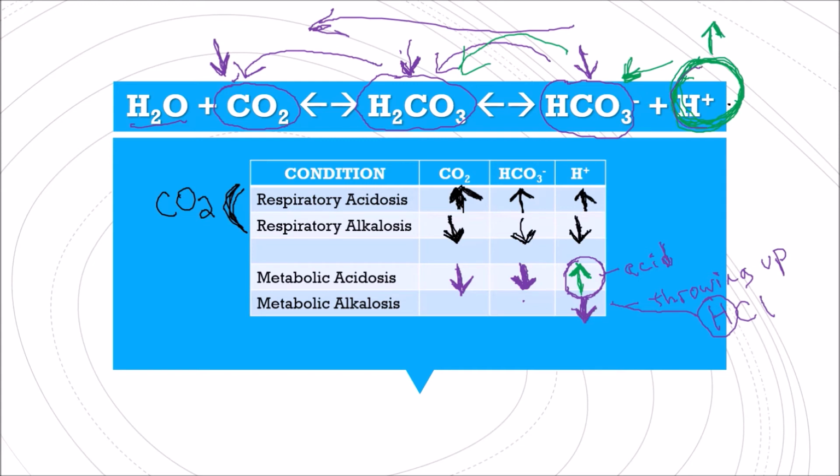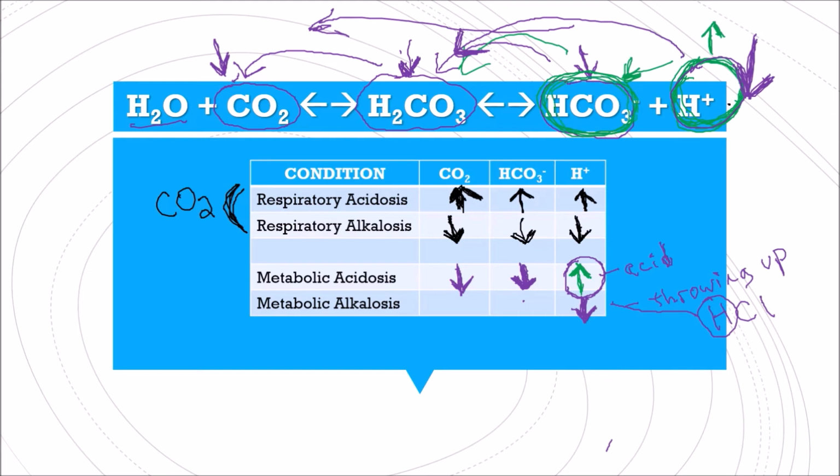Now, if your H's are going to go down, then you're not going to have enough acid to make enough carbonic acid. And if you can't make enough carbonic acid, what's going to happen? What's left over here? The bicarb over here is left to its own devices.